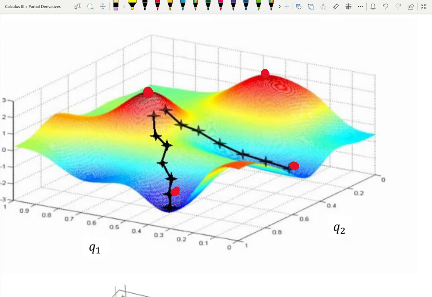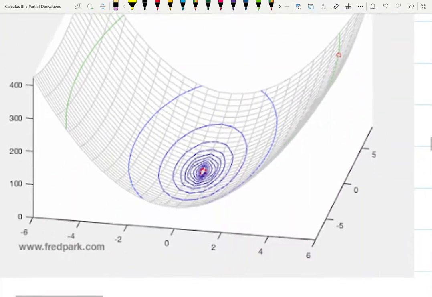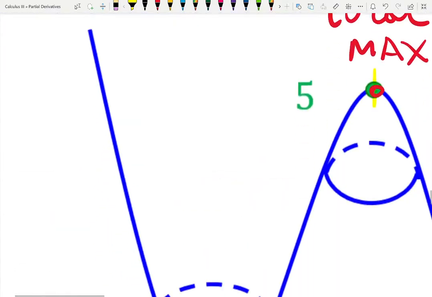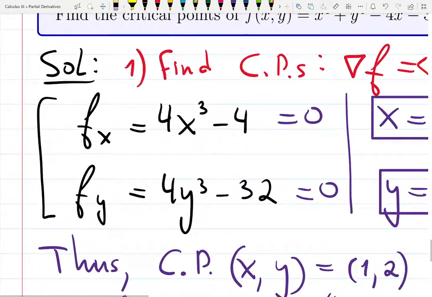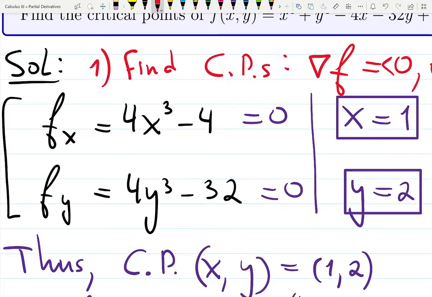Yes. How did you get x equals 1 and y equals 2 again? Did you plug in 0 or? Nah, I solved it. Yeah, I was wondering if someone was gonna ask this. Thank you for asking. I solve it as 4. Let me do it like so. 4x cubed equals 4. Divide by 4. X cubed equals 1. Take a cubic root.